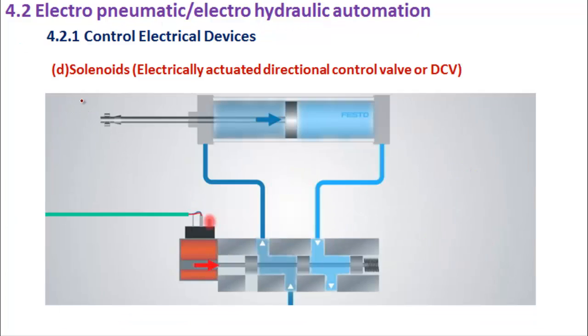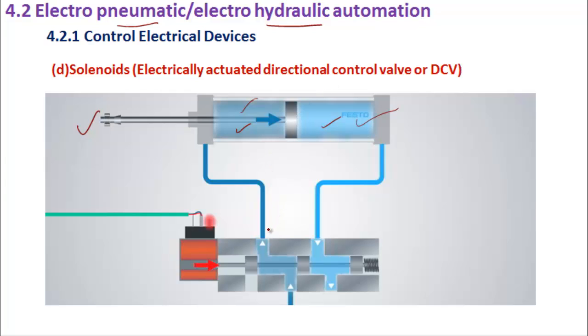Our main aim might be to move this particular piston. Now this piston movement is based on whether this chamber or this particular chamber is getting filled up with air or oil. If it's a pneumatic system, obviously this chamber will get filled up by air. This one also will be filled up by air. Whereas if it's a hydraulic system, instead of air, it will be oil.